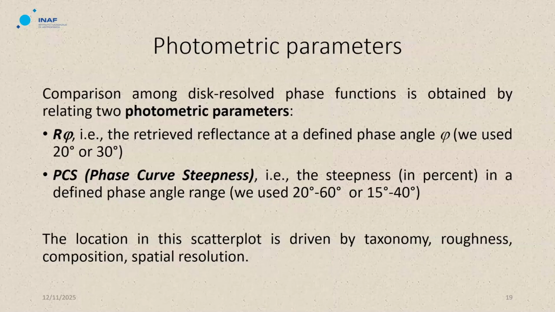Now I focus on reflectance behavior as a function of the phase angle. To compare different phase functions of different small bodies, we introduce two spectral parameters: the reflectance at a defined phase angle, that could be 20 or 30 degrees, and the steepness of the phase function, that could be calculated between 20 and 60 or between 15 and 40 degrees.